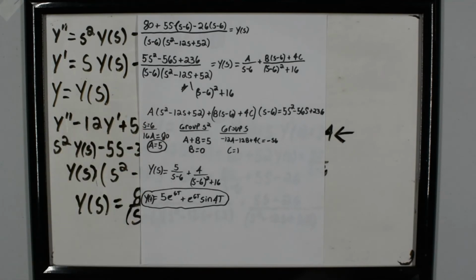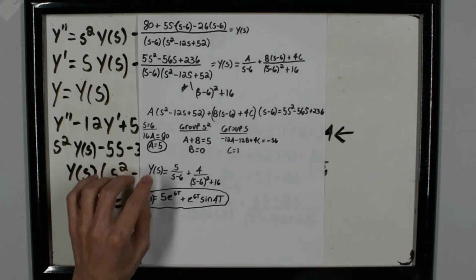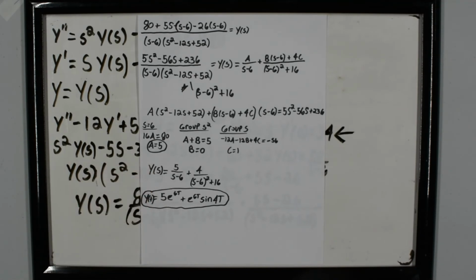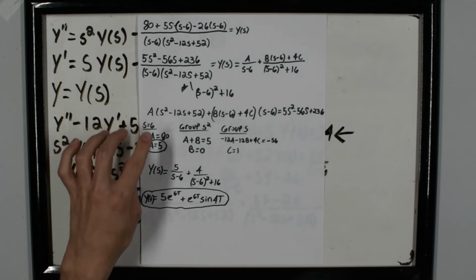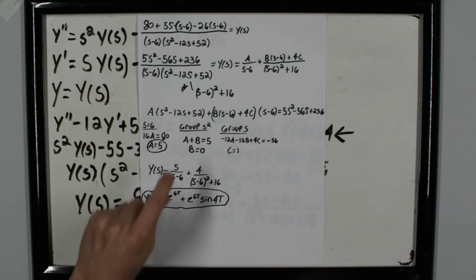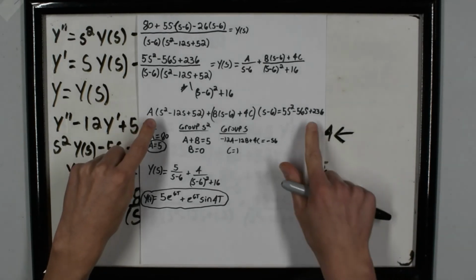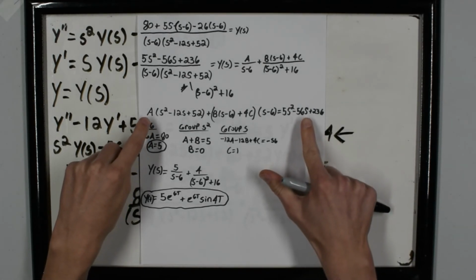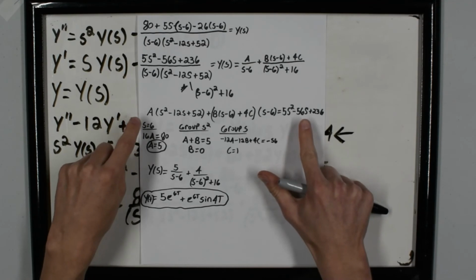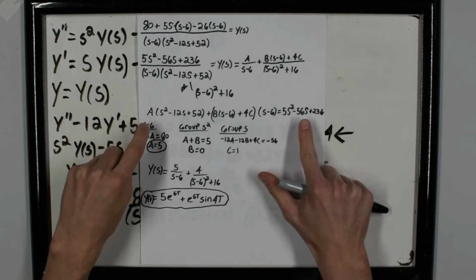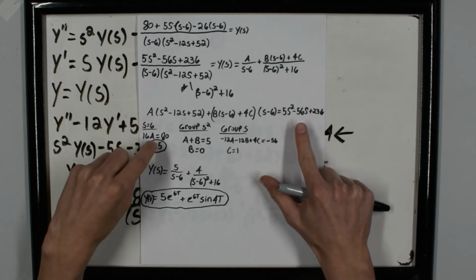Okay, so now we distribute this denominator, we do our standard partial fraction procedure, and we solve for A, B, and C. When we plug in 6 for s, this term will cancel, and we'll be left with 16A, and when you plug 6 in here, you're left with 80. 80 divided by 16 is A equals 5.